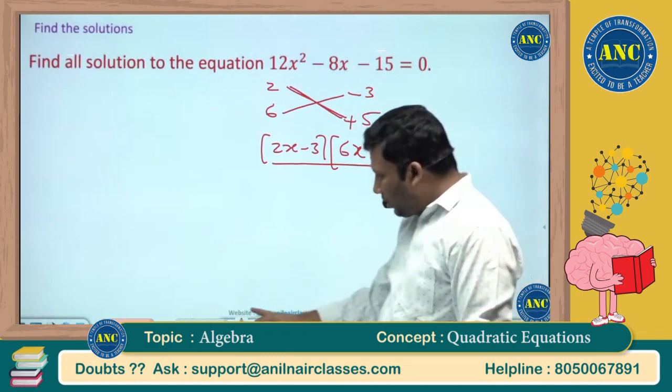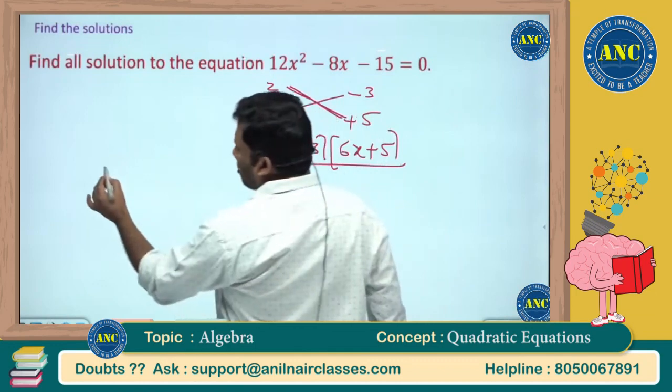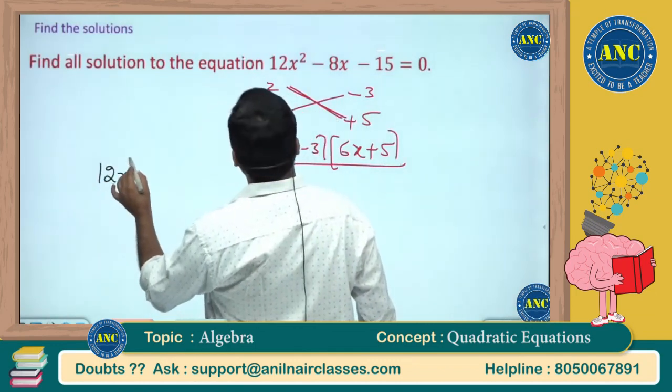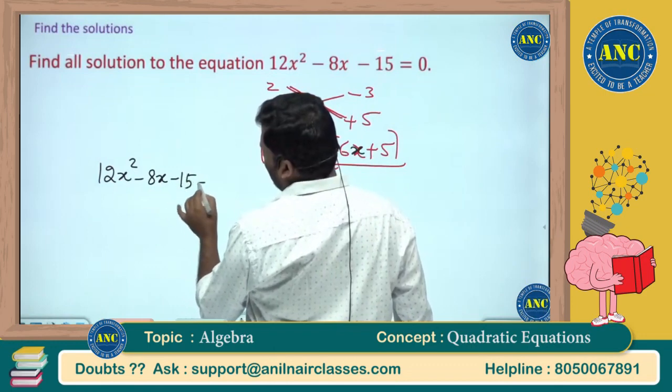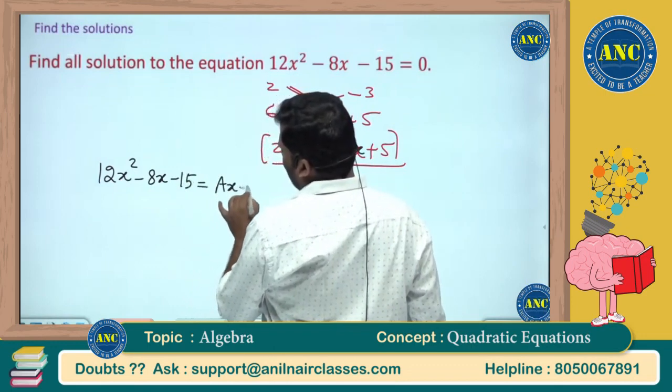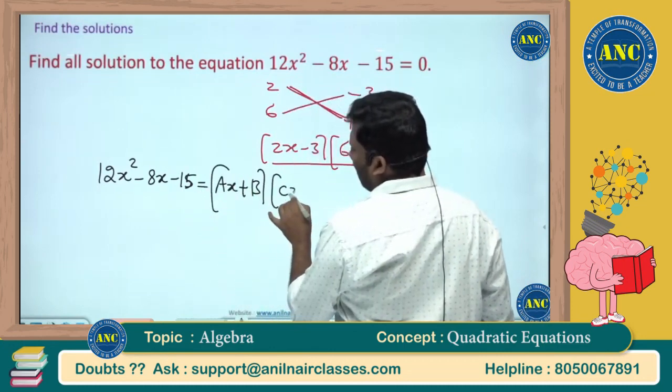This question, you can also do in the form of a quadratic equation. I just told you that any quadratic equation, 12x square minus 8x minus 15, can be given as ax plus b into cx plus d.